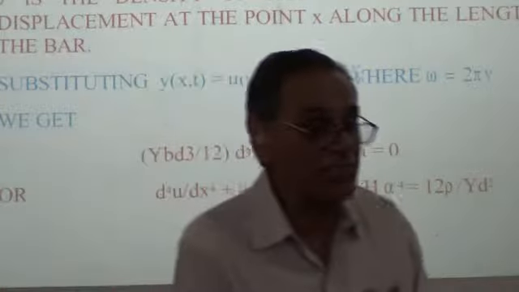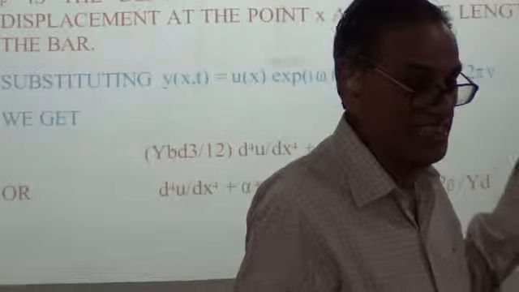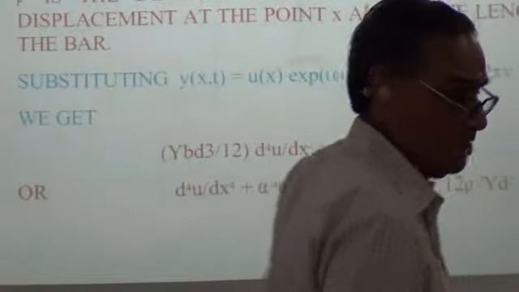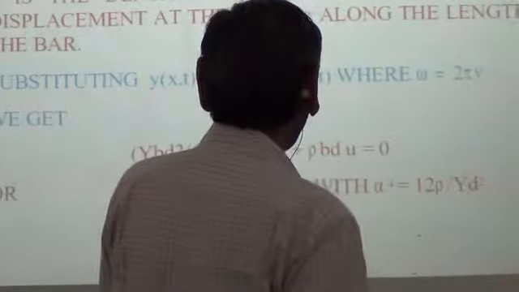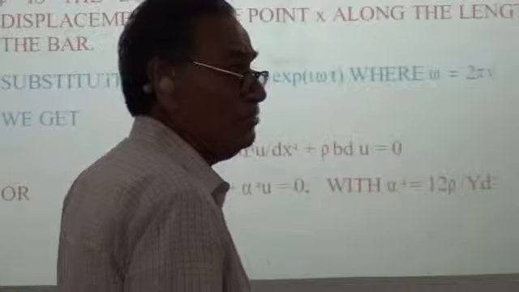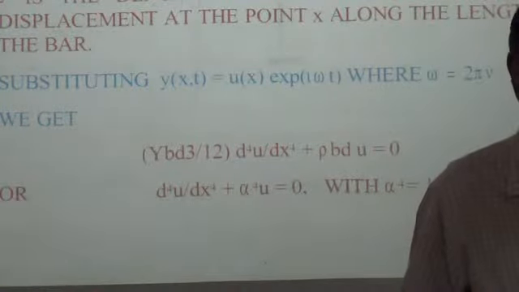We use the variable separable method, separate the variables t and x, and solve for the space part of the displacement. So that is a fourth order differential equation: d power 4 u by dx power 4 plus alpha power 4 u is 0.